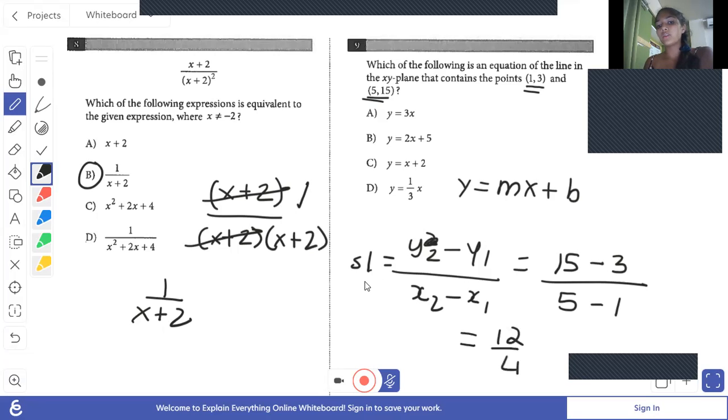And so we know that slope, which is m, equal to 12 over 4, which is 3. So we're looking for an equation which has 3 as the coefficient of x, and I see it right here. We got y equal to 3x. So our answer here should be A.